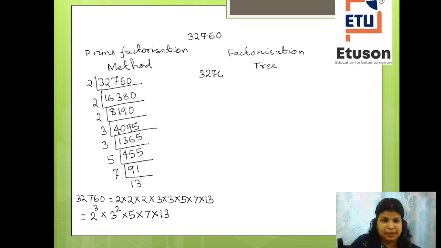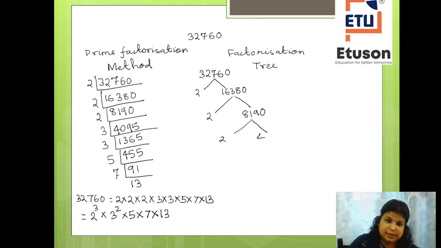What you are doing here, actually, is expressing this number as a product of a prime number and a composite number. For example, 32760 can be written as 2 into 16380. Correct or not? Now 16380 can be written as 2 into 8190. Now 8190 can be written as 2 into 4095. Now 4095 can be written as 3 into 1365.